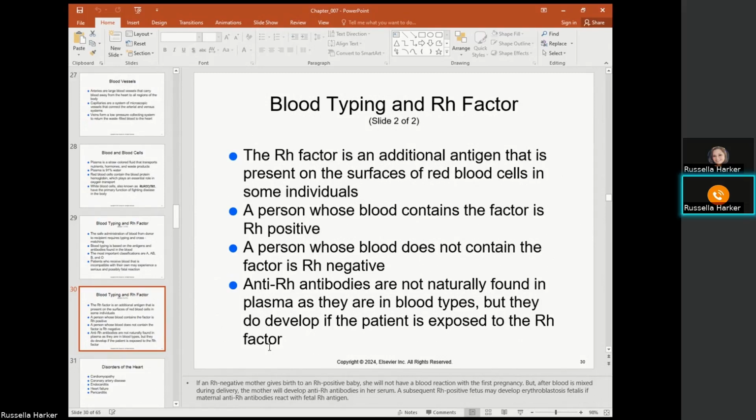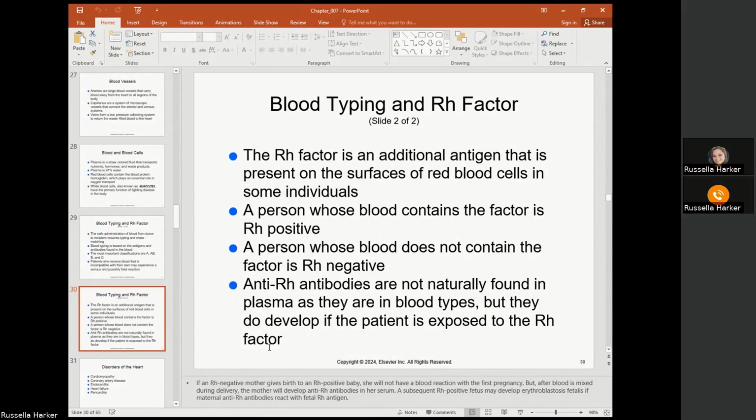So if an RH negative mother gives birth to an RH positive baby, she will not have a blood reaction with the first pregnancy. But after the blood is mixed during delivery, the mother will develop anti-RH antibodies in her serum.